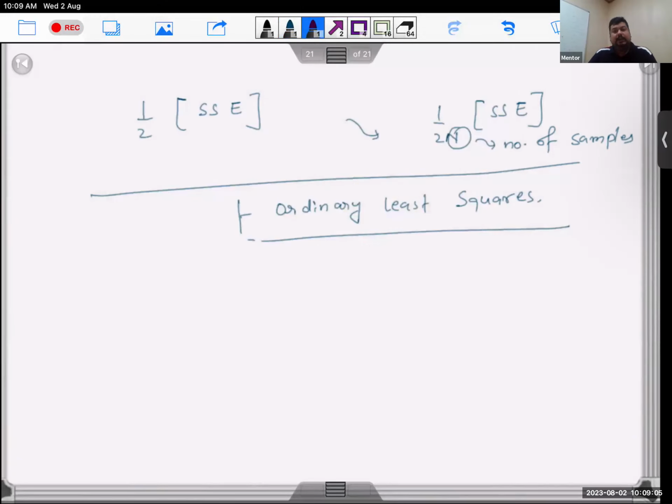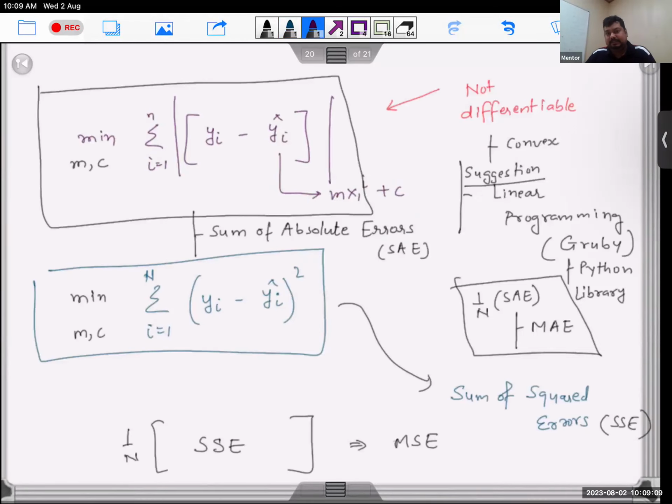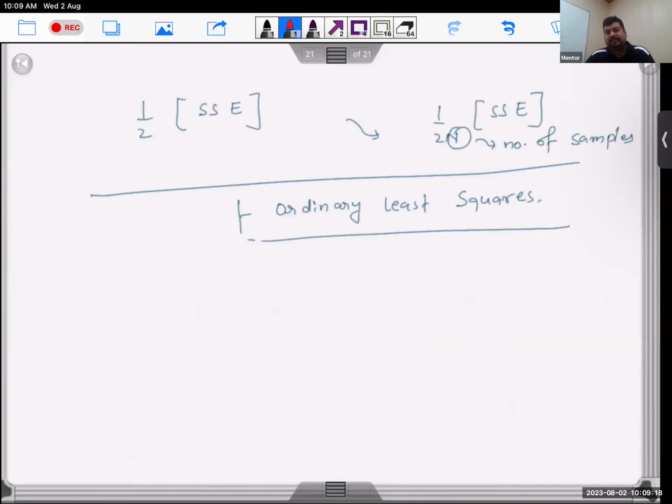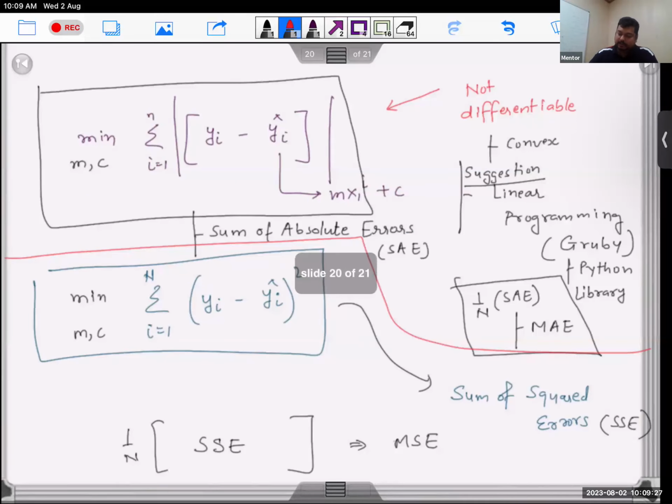All right. Now I have a question. Do you think that if I minimize any of these terms, like sum of squared errors, mean squared error, ordinary least squares, do you think the m and c will change? Look at the constants outside. That should tell you something. Are the constants positive?